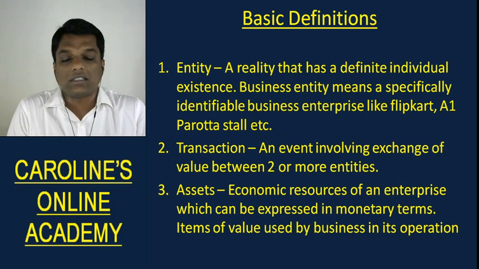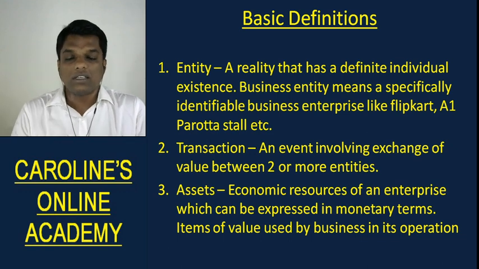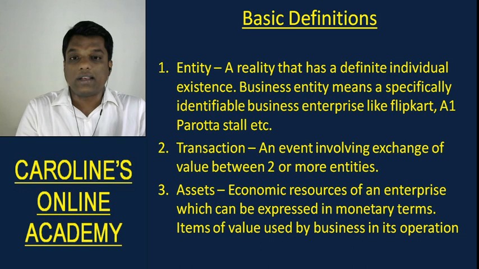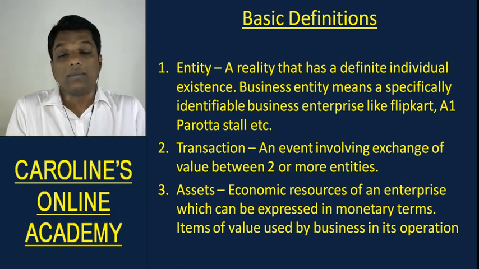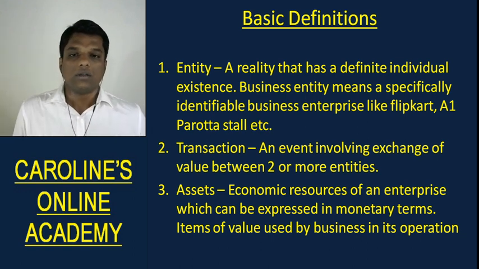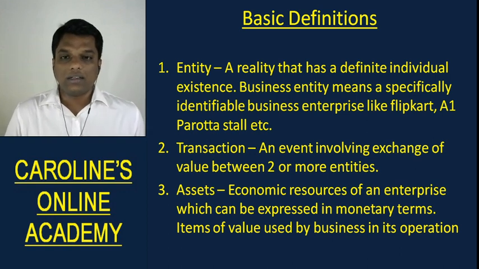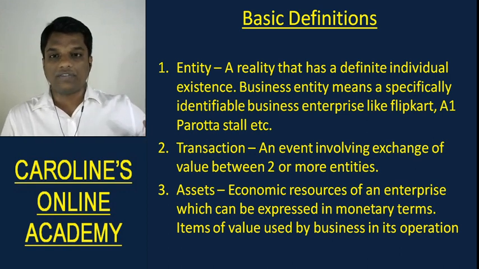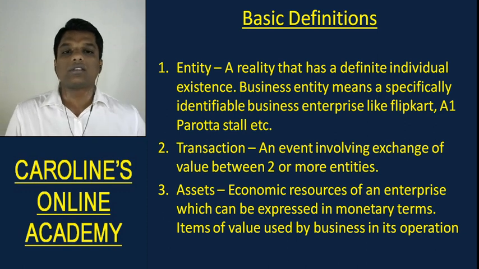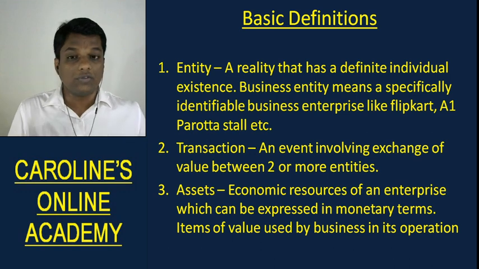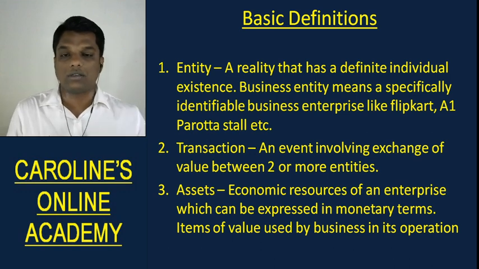Next is assets. What we mean by assets is any economic resource that can be measured in monetary terms in a business entity is called an asset. What we mean by economic resources is a certain thing that the entity will make use of in furthering of the business, is a resource for that enterprise, right? For instance, cash is an asset because you'll be using cash to further the business.